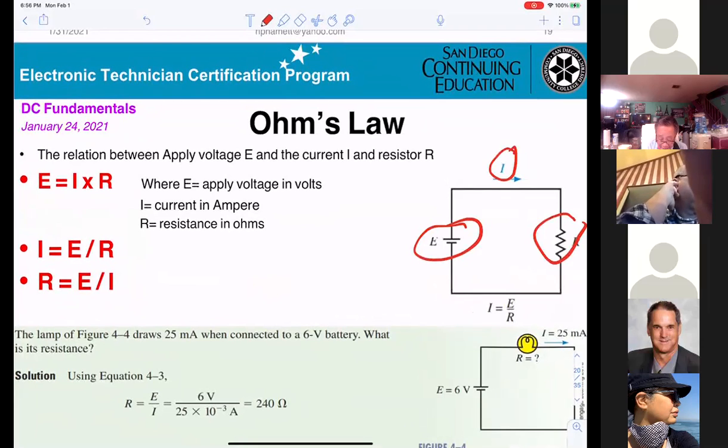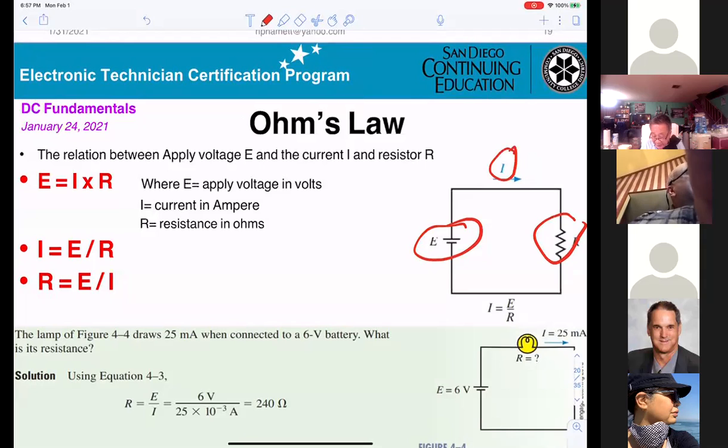E, that will be voltage, equal I times R. In this formula, I has to be current, ampere. R must be resistance, and E must be voltage. And from this formula, okay, you can calculate I equal E divide R, or R equal E divide I. Three formulas, okay? We must know, we're using all the time.